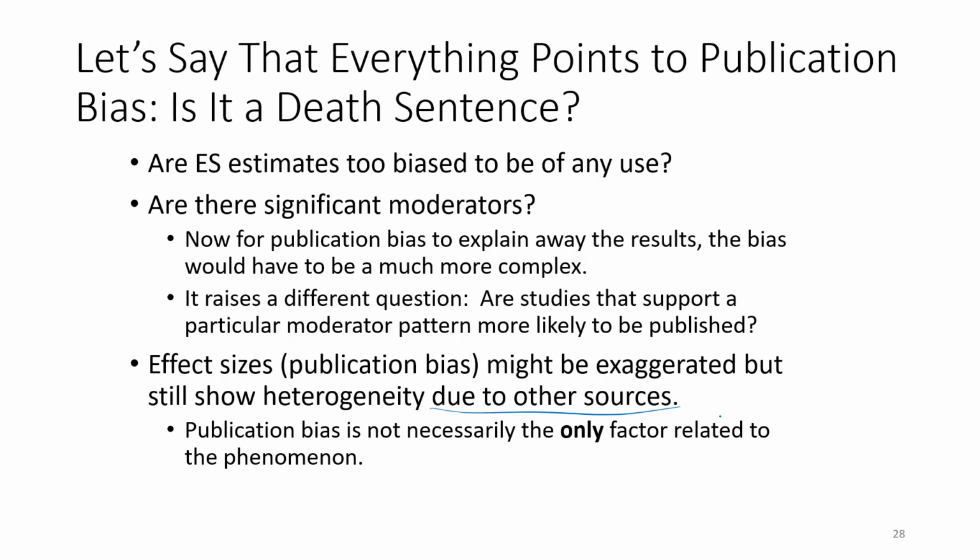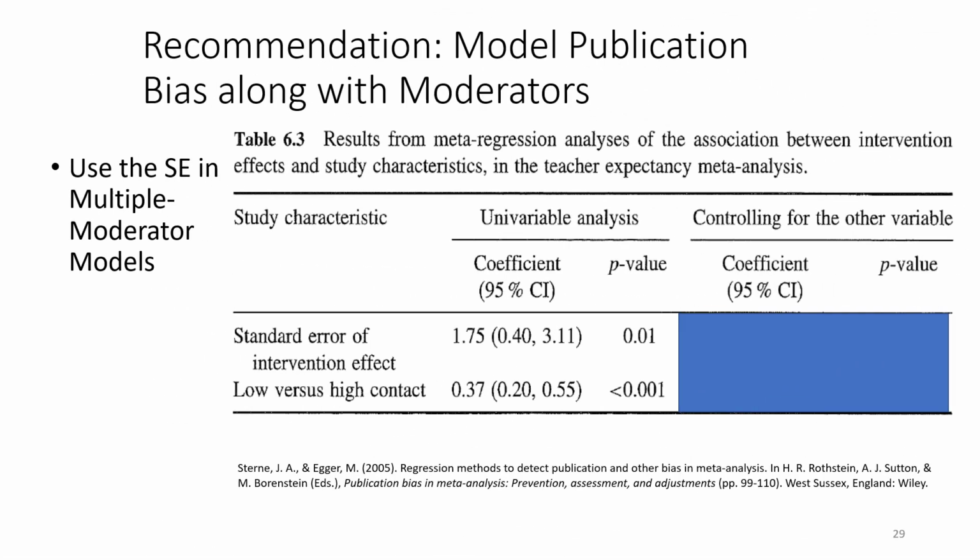So publication bias can exist along with other effects. So here's what I would recommend: that you model publication bias along with the moderators instead of overall, especially under heterogeneity. So here's a case where Sterne and Egger have shown us that the standard error is significantly associated. This is literally small study effects.